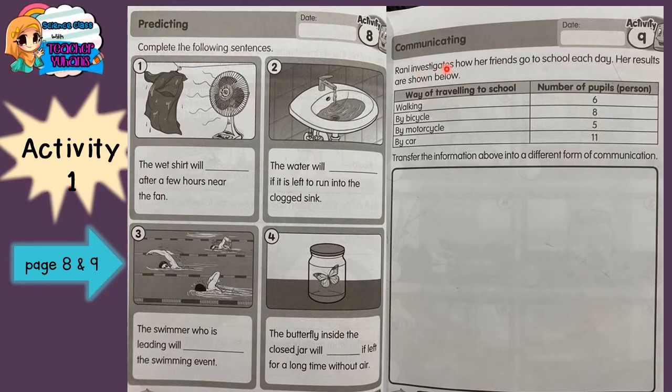Now let's look at page 9. Rani investigates how her friends go to school each day. Her results are shown below. Way of traveling to school: walking, by bicycle, by motorcycle, and by car. Number of pupils: walking 6, bicycle 8, motorcycle 5, and car 11.